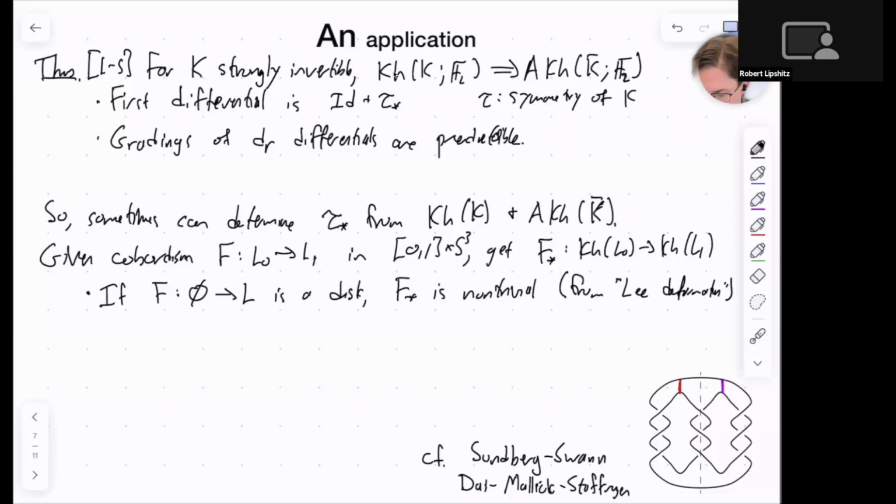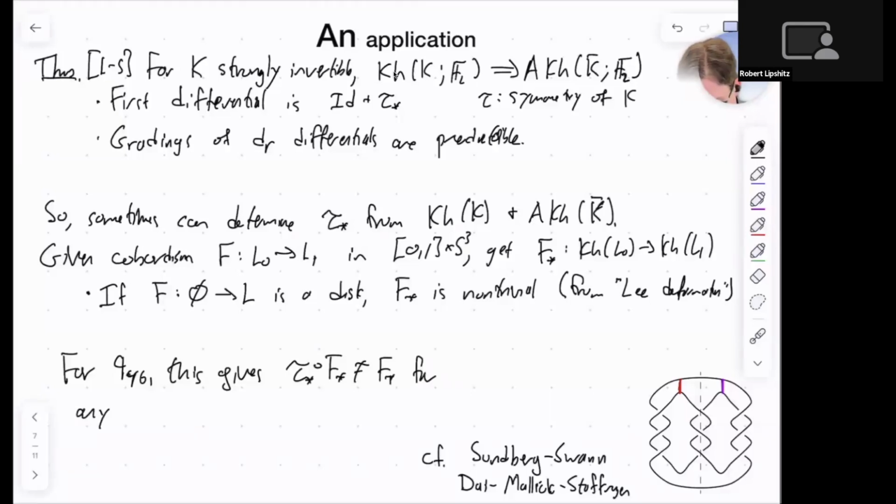So now, if you combine these and just a little bit of cleverness, then for the knot 9_46 or other knots with similar Khovanov homology, this gives that tau star circle F star is not F star for any slice disk.